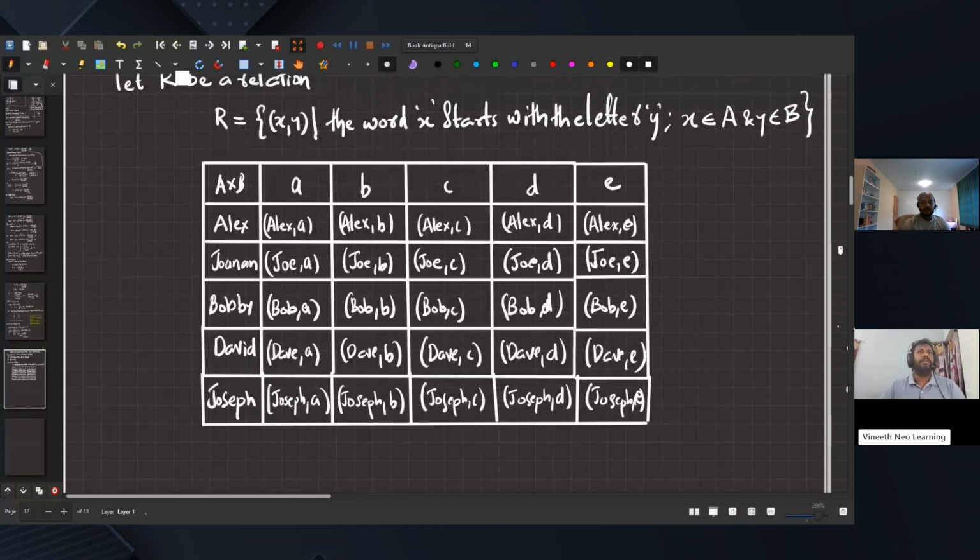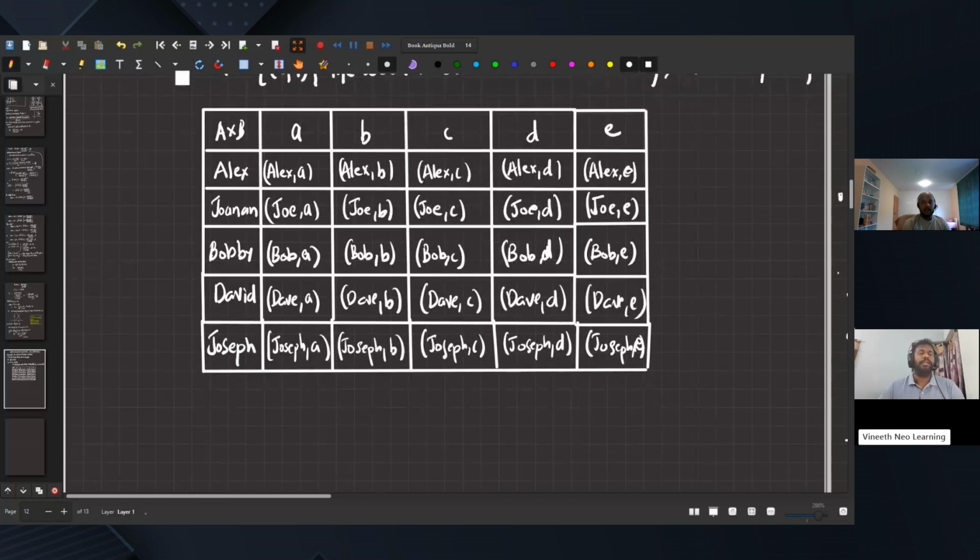So what ordered pairs will be in our relation? Alex, A will be in the relation. Then Bob, B. Then Dave, D. That's it, right?